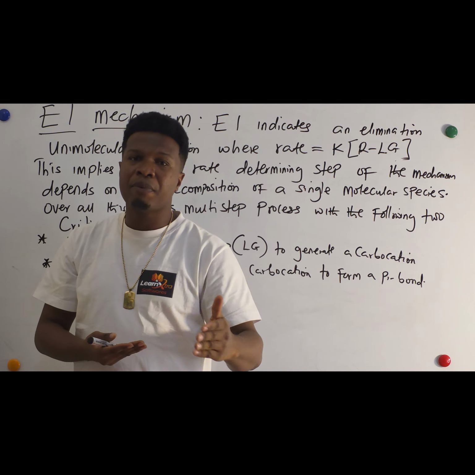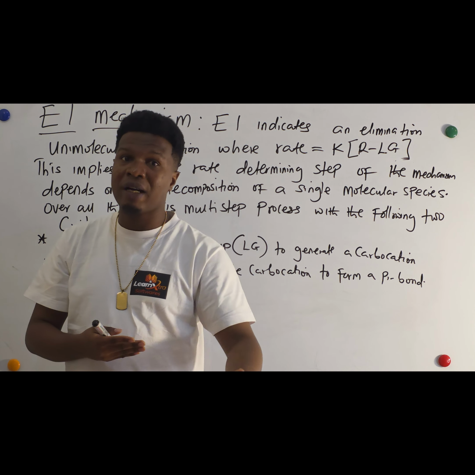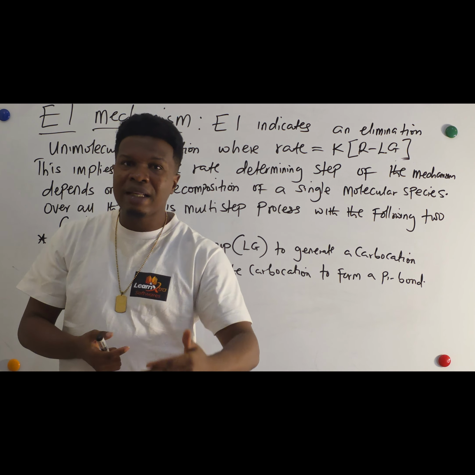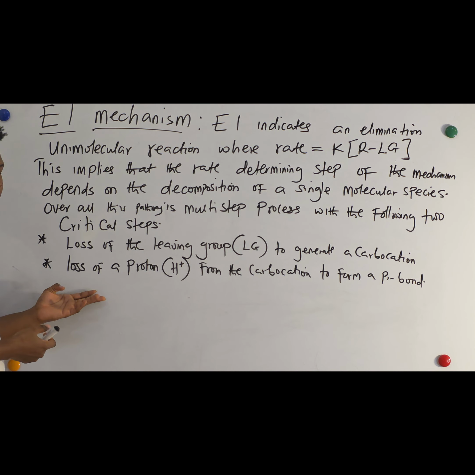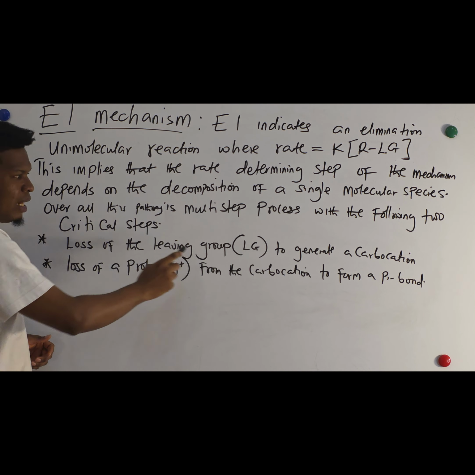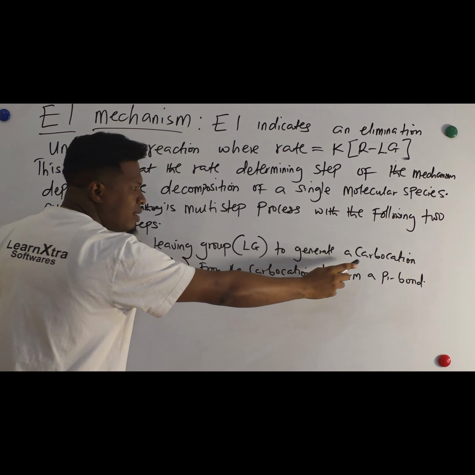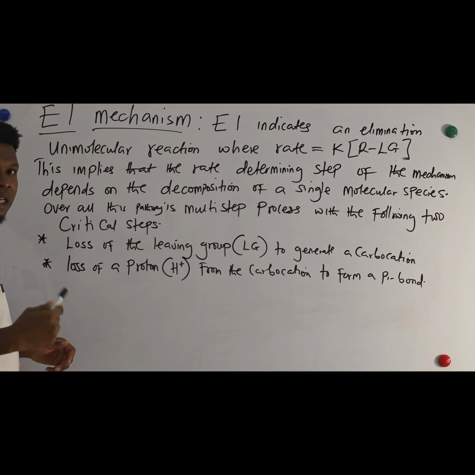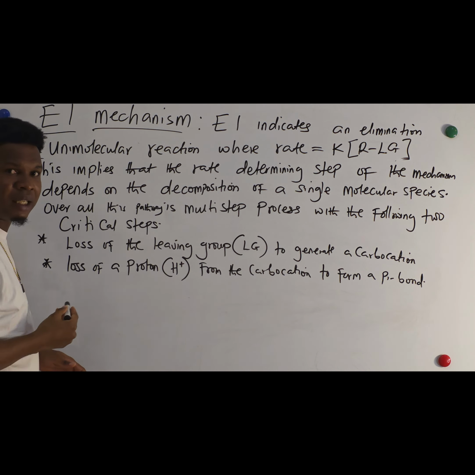It's a multi-step reaction, just like the SN1 reaction. It involves, first of all, the loss of the leaving group. When the leaving group leaves, a carbocation is generated.